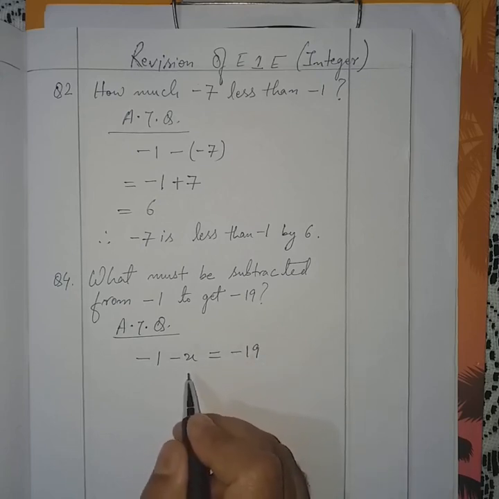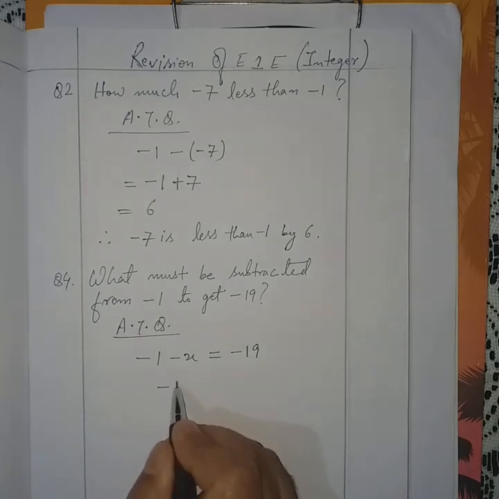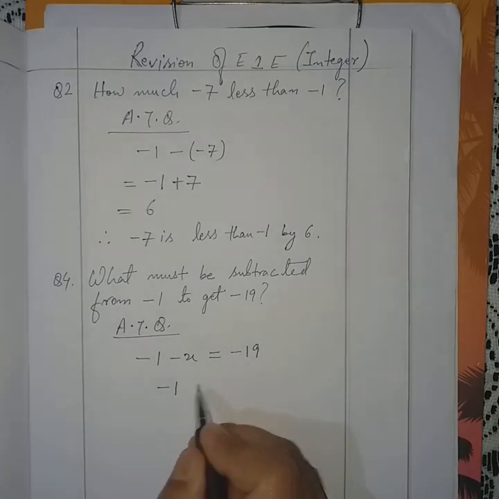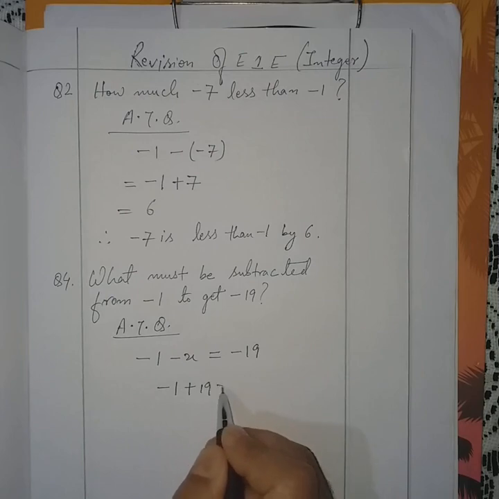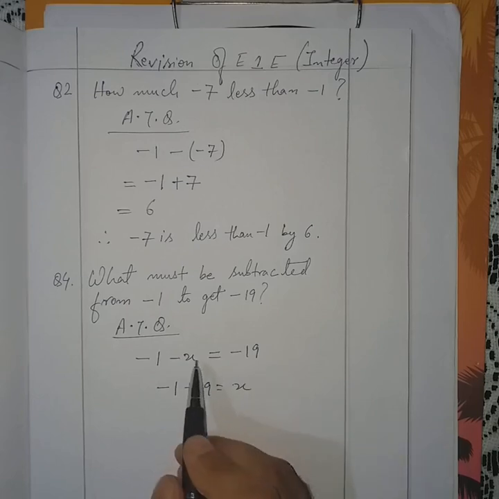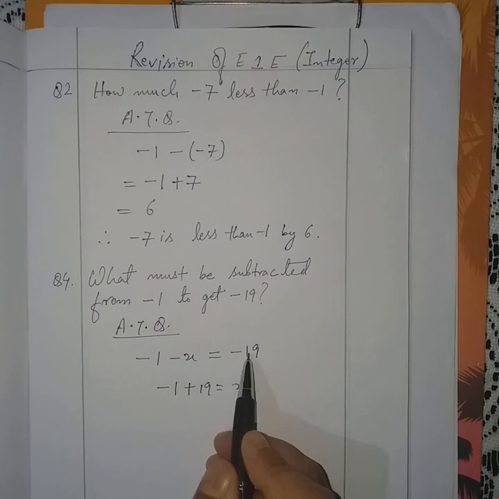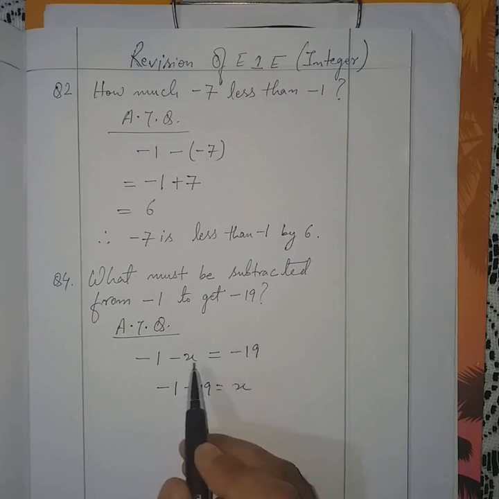Okay, minus 1, this comes this side and becomes plus 19, minus x goes that side and becomes plus x. Okay, when numbers or any figures are going from one side to another side, then the sign will be opposite. Like minus is going that side, it becomes plus.